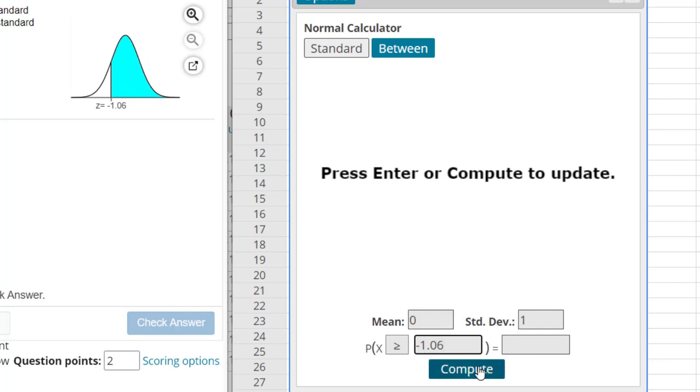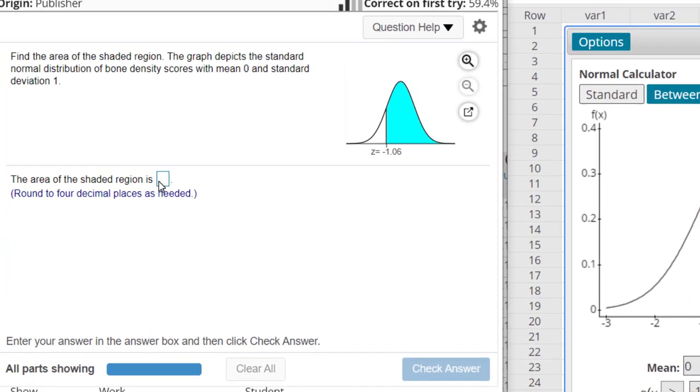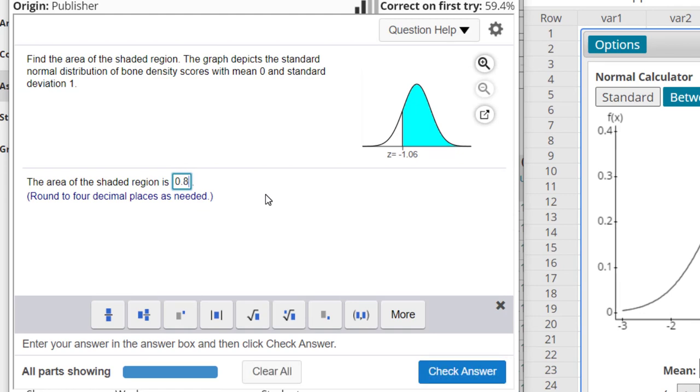And then once you put that in, hit compute, and it'll give you your area right here. You can see it looks very similar to the picture. So for negative 1.06, it'll be 0.8554 roughly if you do 4 decimal places.